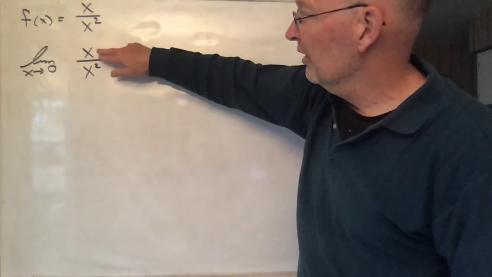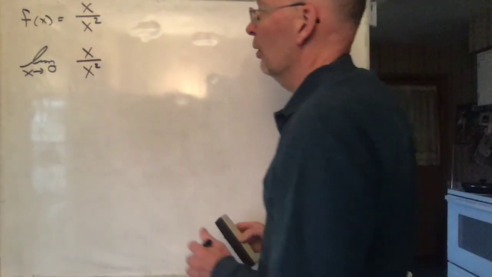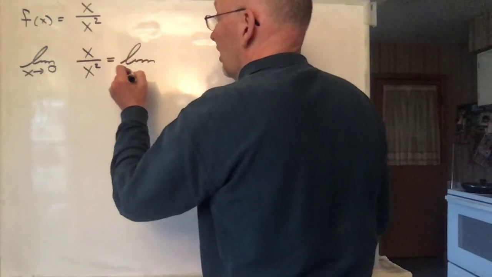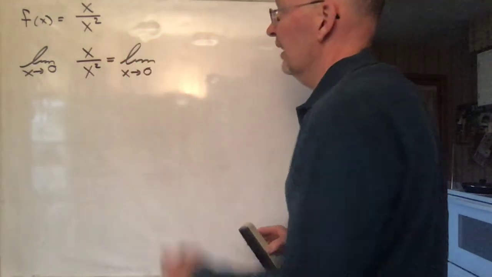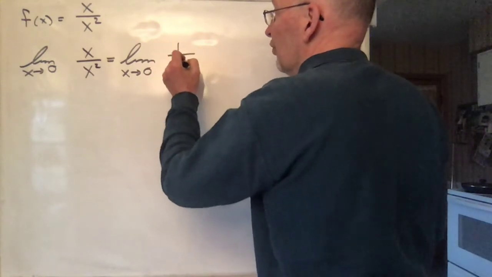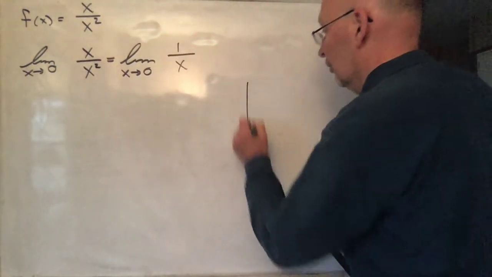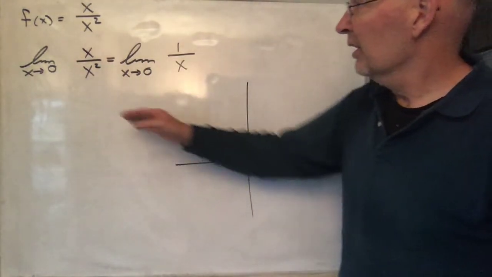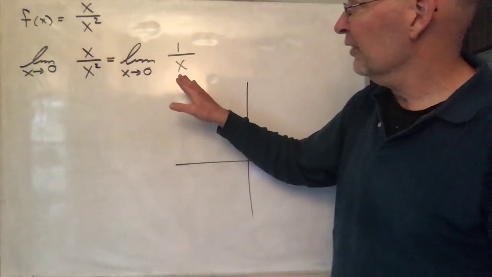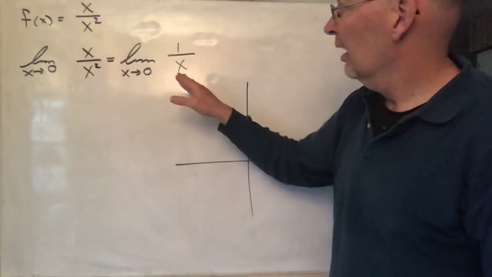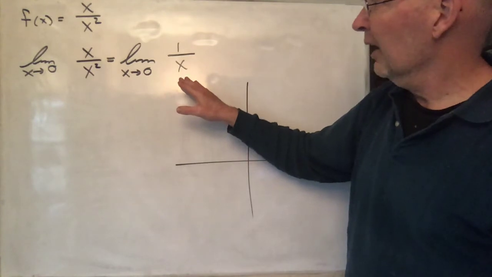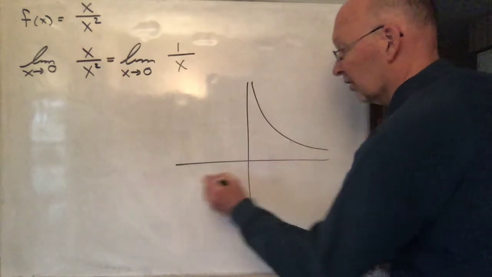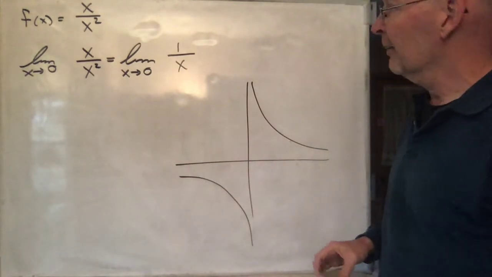You have 2 x's here and 1 x there, so if you divide out an x from both the top and the bottom, you end up with just 1 over x, and there's going to be no difference between those two functions. They're going to look exactly the same because the domain of this one is the same as the domain of this one. Neither one of them allows x equals 0 in the domain, and for anything other than 0, this value is exactly the same as this. So this would look like that, and again we'd have the same answers as before.